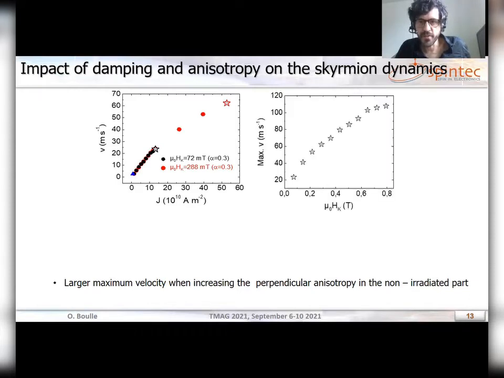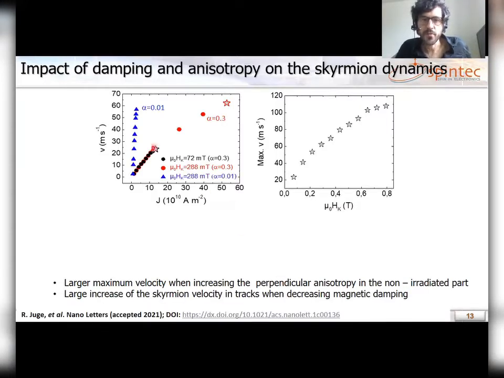So the maximum velocity for skyrmion motion in the irradiated track increases monotonously with the anisotropy field, and the simulations also show that the magnetic damping has a large impact on the skyrmion dynamics. Lowering the damping from 0.3 to 0.01 leads to a large enhancement of the skyrmion velocity by a factor of about 20.